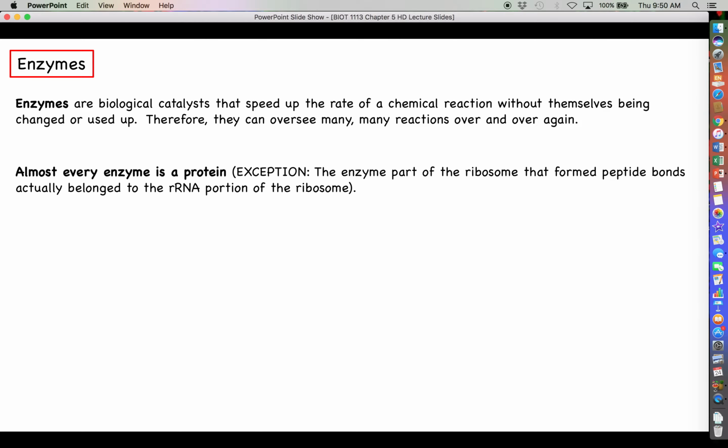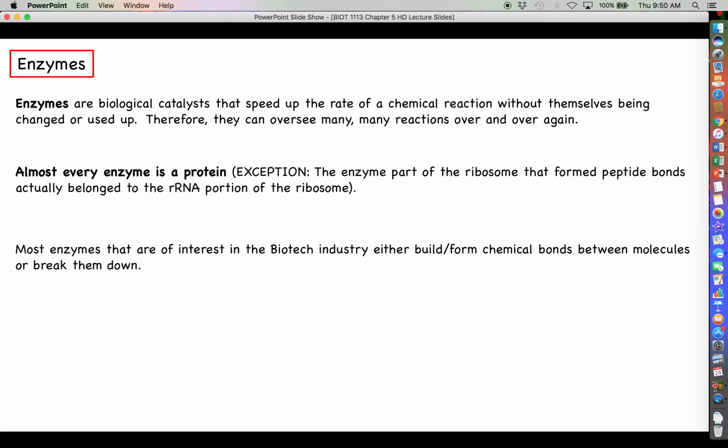The ribosome is an amalgam of both protein and ribosomal RNA, but the enzymatic activity of the ribosome actually does not belong to the protein part. It belongs to the ribosomal RNA portion. This is what we call a ribozyme, an RNA molecule that actually has enzymatic activity. But otherwise, almost every enzyme is going to be a protein.